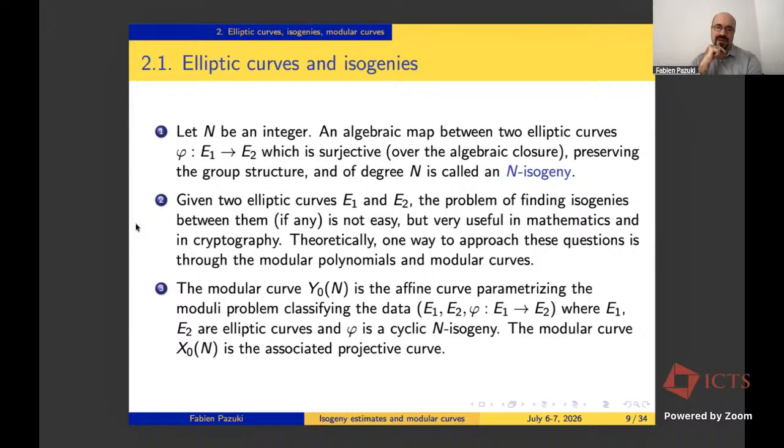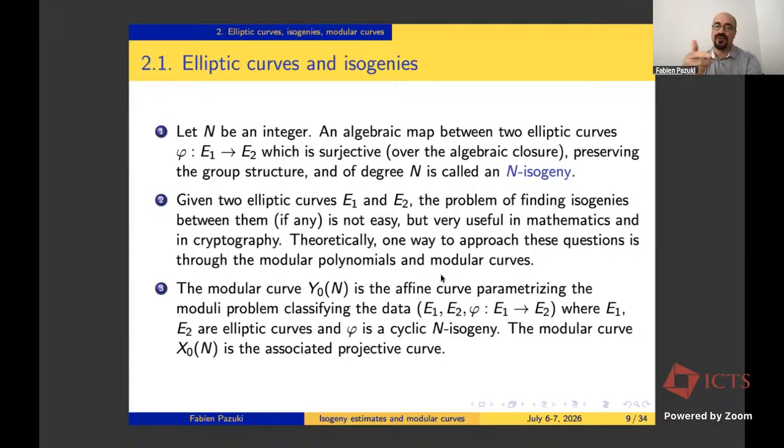Now we are asking for phi to be an n isogeny, but also cyclic. What does cyclic mean? It's the kernel. You know the kernel is finite because of the structure here, but the kernel, being a subgroup in E1, has the structure of a finite group, and this kernel should be cyclic.